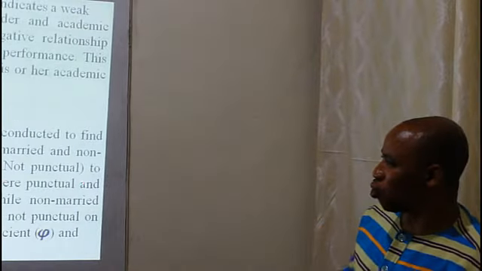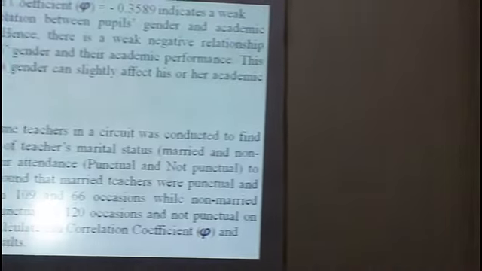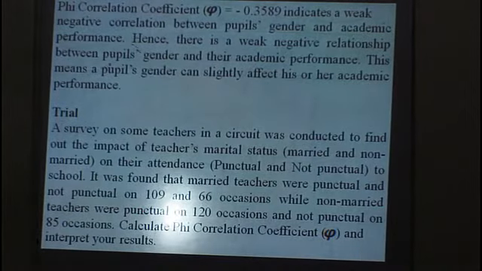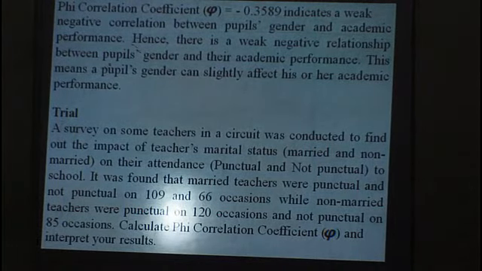So I would like you to go and try this question. A survey on teachers in a circuit was conducted to find out the impact of teachers' marital status, married or not married, on their attendance, that's punctual and not punctual to school.